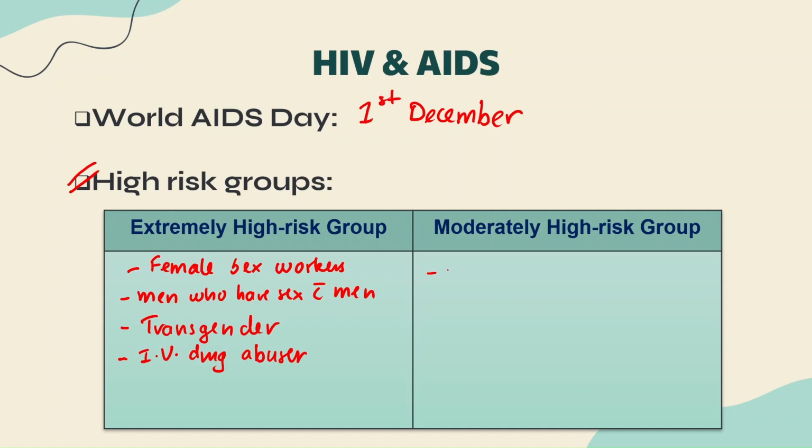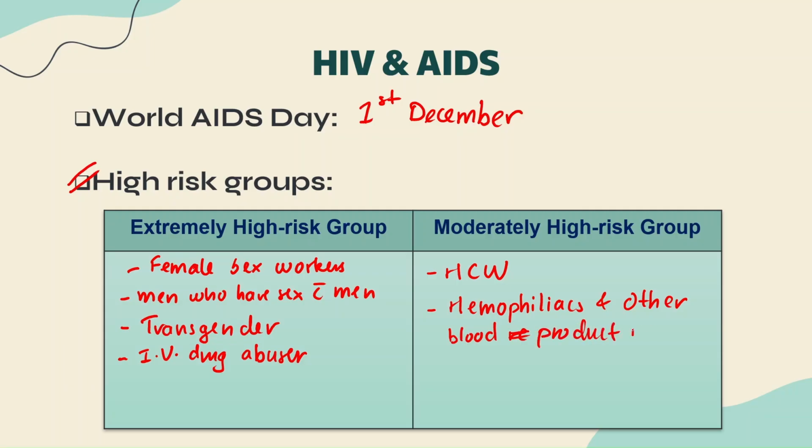Moderately high risk group means people belonging over here are your health care workers. Because of needle prick injuries or splash injuries, healthcare workers also belong to the moderately high risk group. Then individuals who have some hematological disorders, like hemophiliacs, and other blood product recipients.